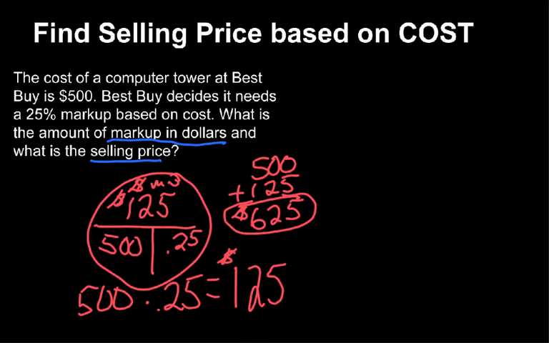Now we did that by finding the dollar markup and then adding it to the cost. The other option is to take the PBR circle that didn't use dollar markup but found selling price. So we would put in $500 for our cost.